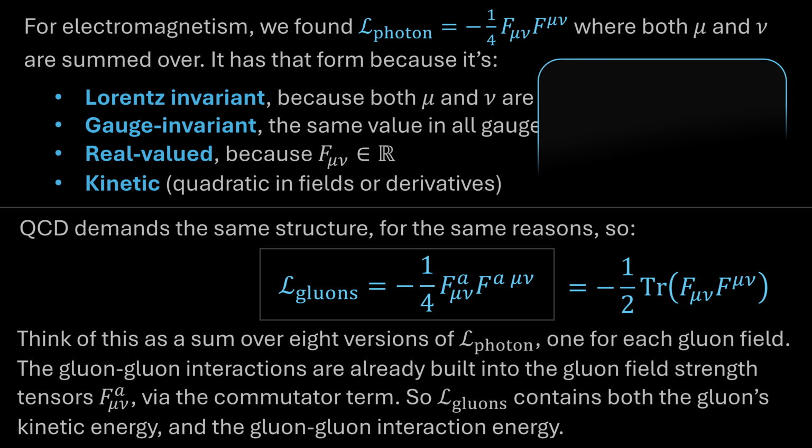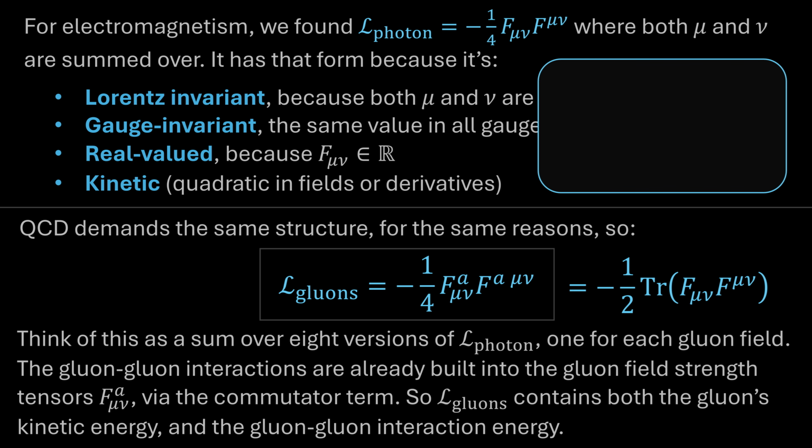And you can prove that these things are equivalent because if you ask the question of what is the trace of F mu nu F mu nu, well, if you take each of the matrices in that expression, write the Lorentz covariant field strength tensor as F mu nu A T A, and then write the Lorentz contravariant field strength tensor as F B mu nu T B, in other words, just simply write each of the SU3 matrix-valued objects as a linear combination of some scalar-valued field strength tensors times the generators of SU3, then you can go ahead and pull those scalars outside of the trace, and then you end up with an expression involving the real-valued field strength tensors times the trace of the generators of SU3.